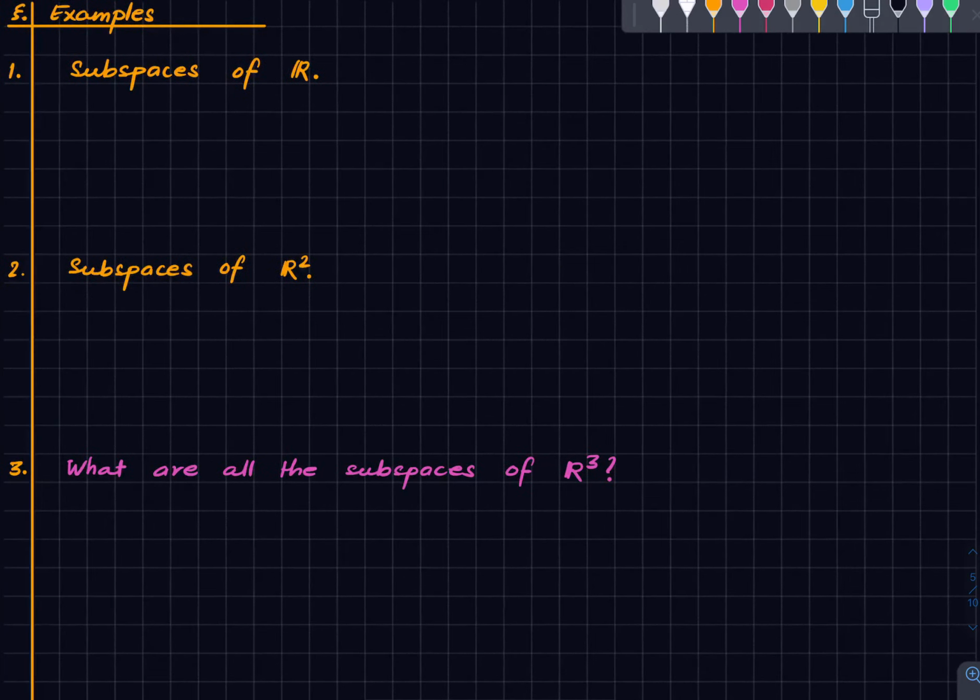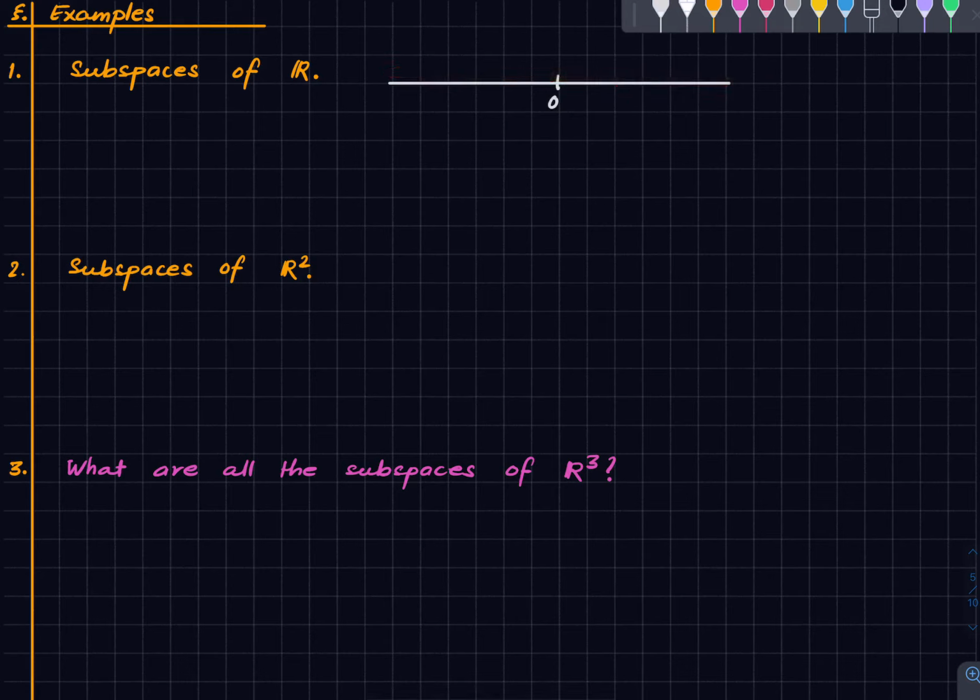So subspaces of R. What are all the subspaces of this guy? So we have this vector space. We visualize it like that. So suppose S has a non-zero vector in it. Now, since any subspace is closed under scaling, all scalings of this by real numbers will also be contained in S, and hence everything will be contained in S. Because if you are scaling a non-zero real number by any real number you like, you can achieve any real number you like.